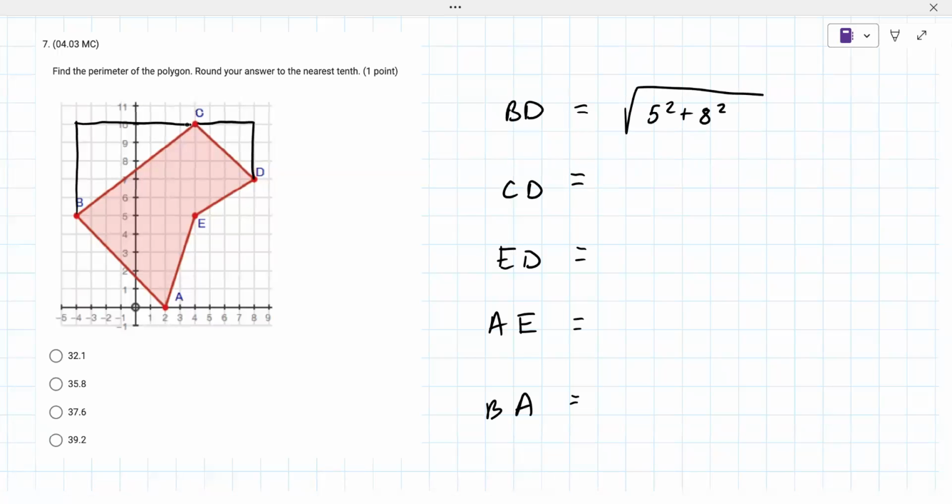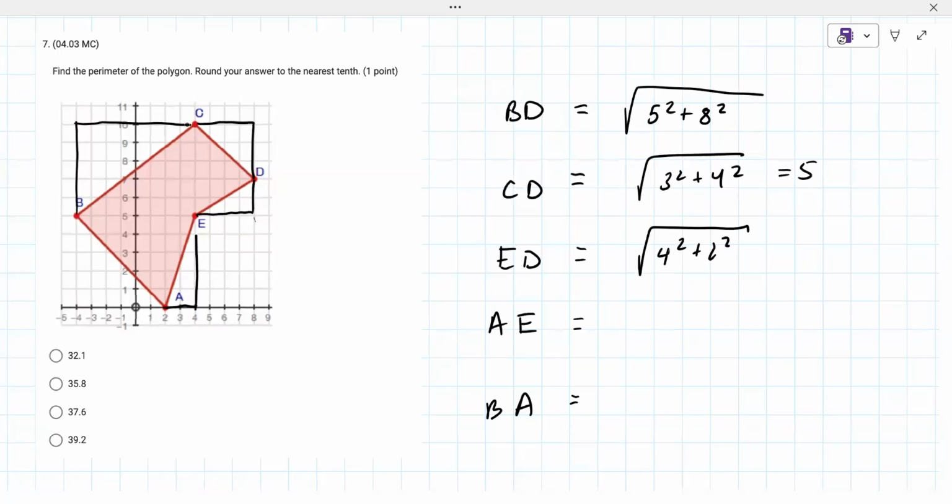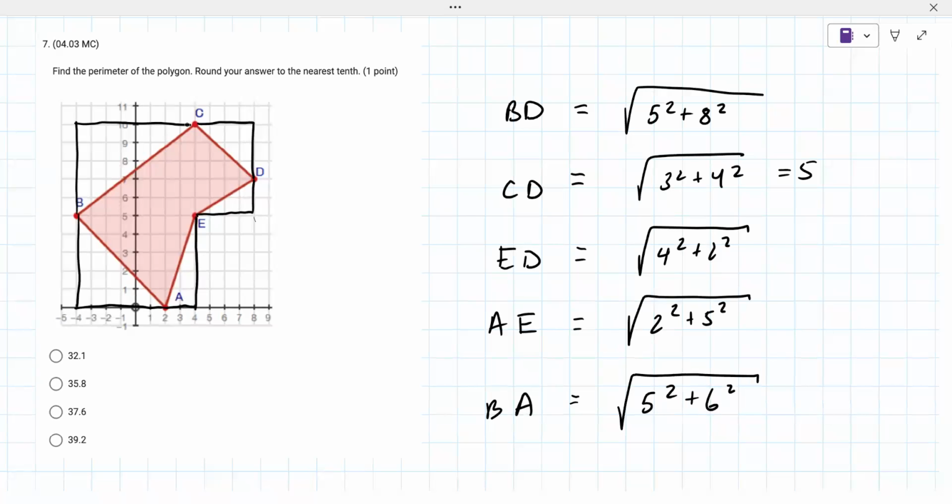You draw a triangle, 4 and 3, which ends up being 5. E to D here, you got 4 and 2, so 4 squared plus 2 squared. AD is 2 and 5, so 2 squared plus 5 squared. And then B to A is down 5 and then right 6, so 5 squared plus 6 squared, square rooted.